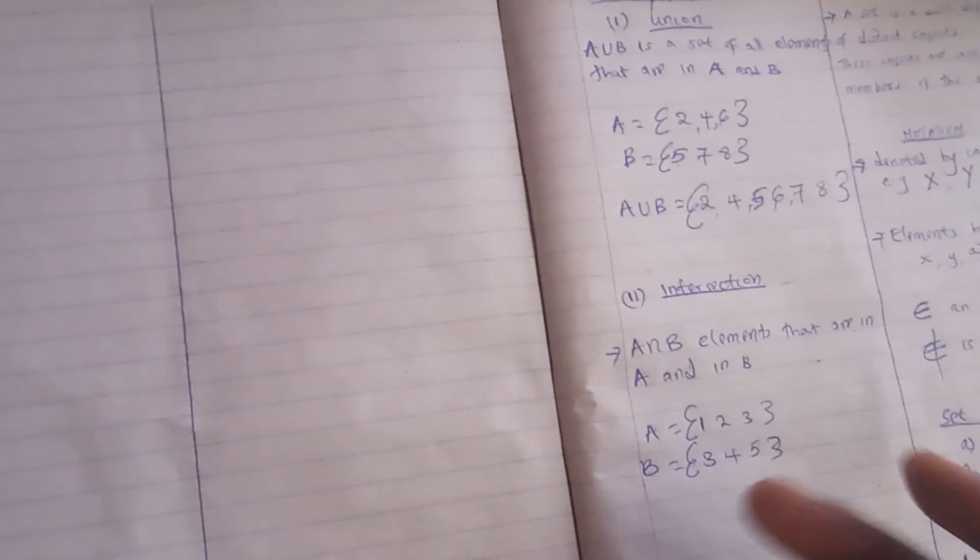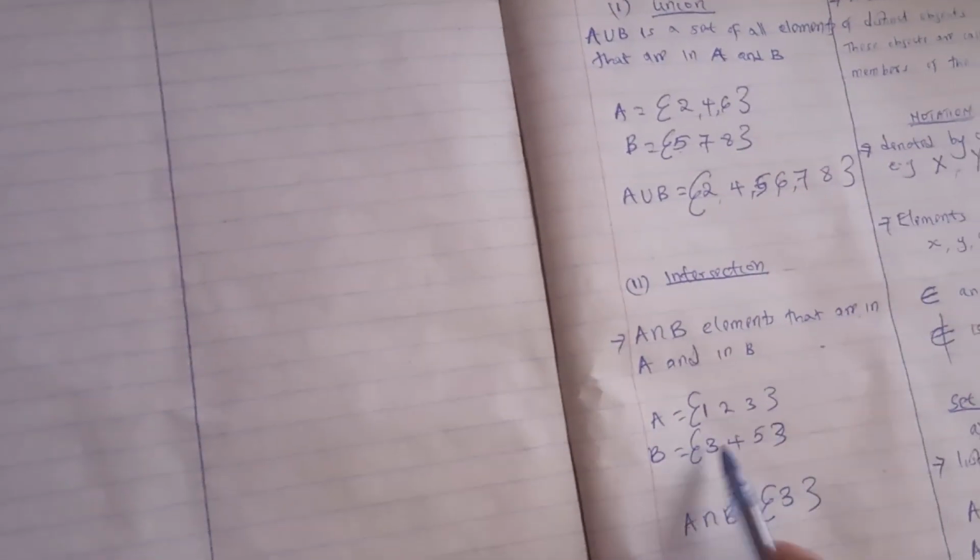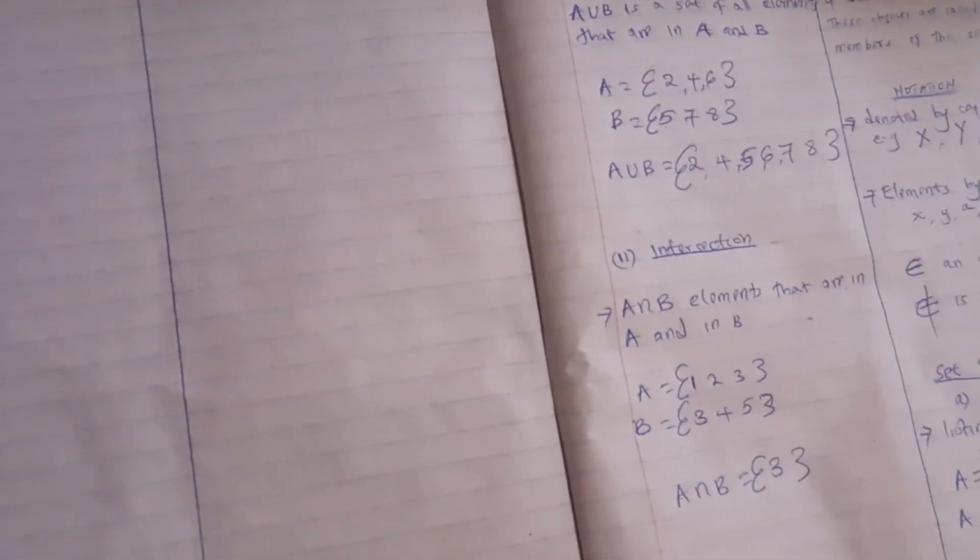We come to this conclusion that the elements that are found in A and at the same time found in B, that's the intersection. We will have our answer as A intersection B being equal to 3. Why? 3 is found in both A and B.